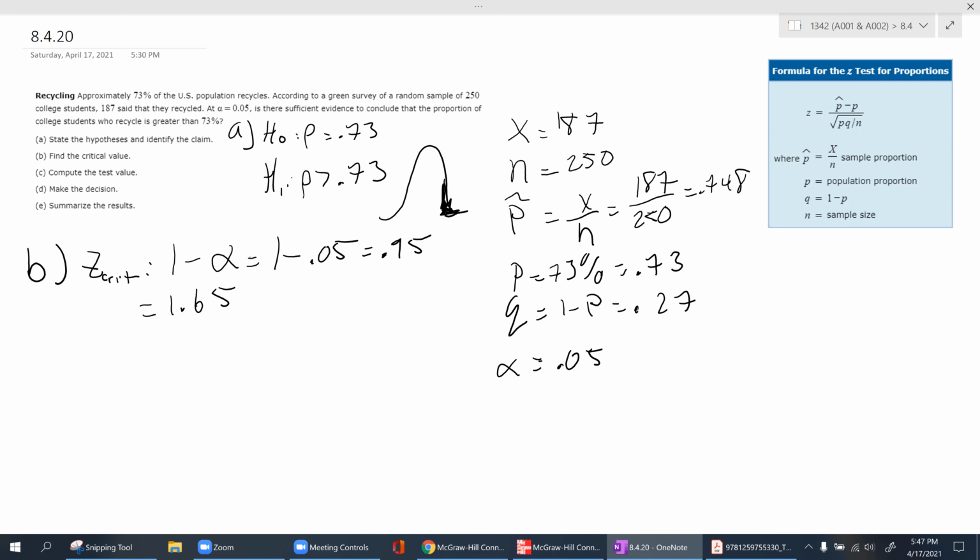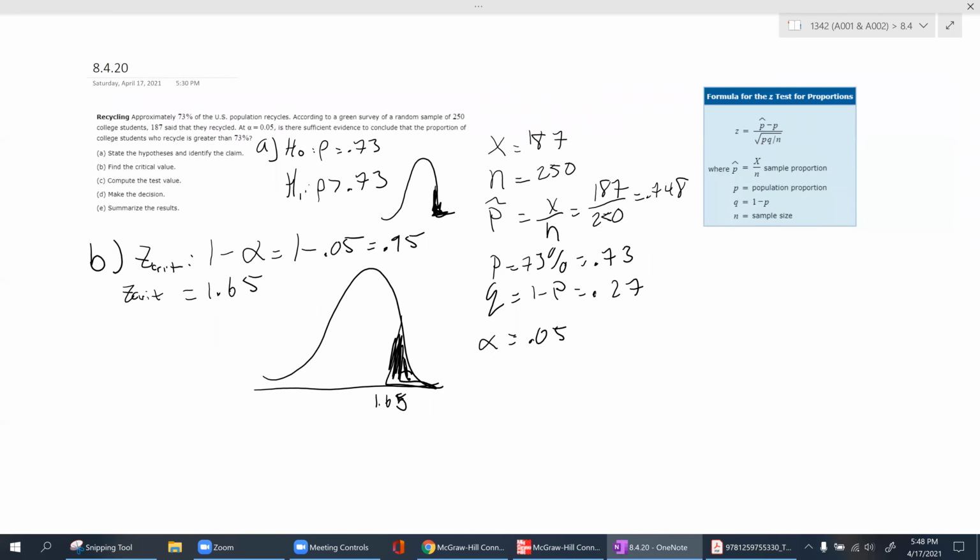It's plus, because it's to the right. If it was the left endpoint, it would be negative. So this here would be 1.65.